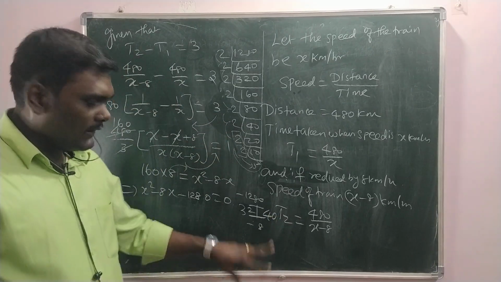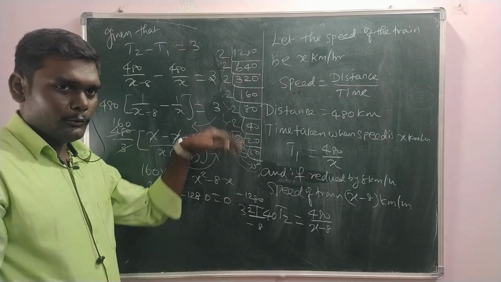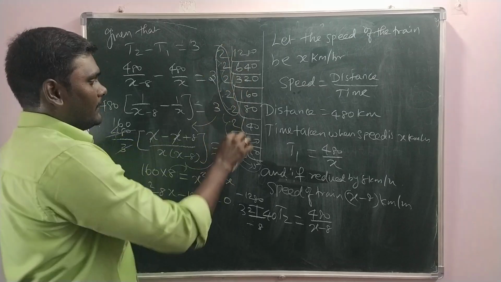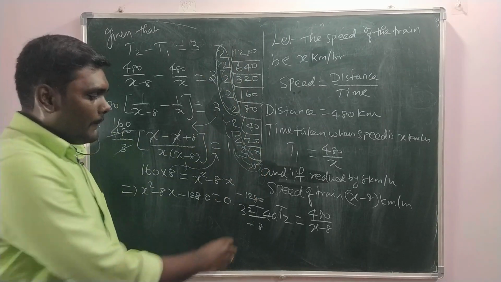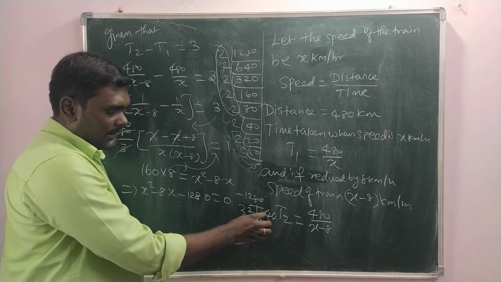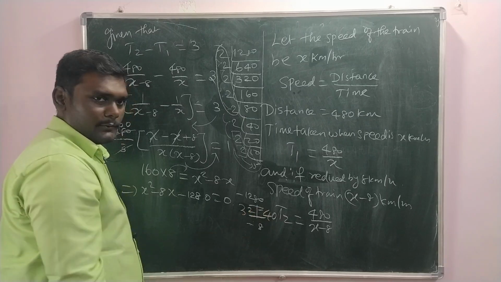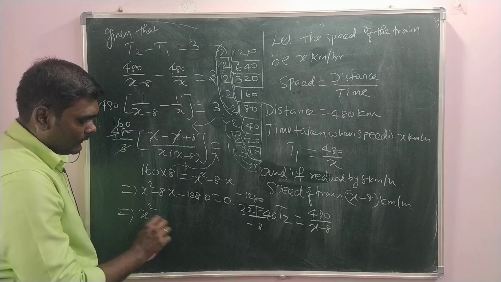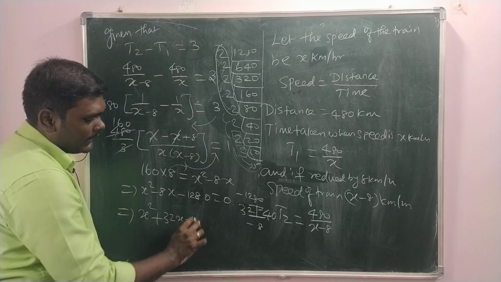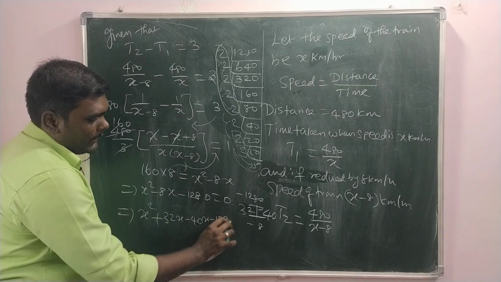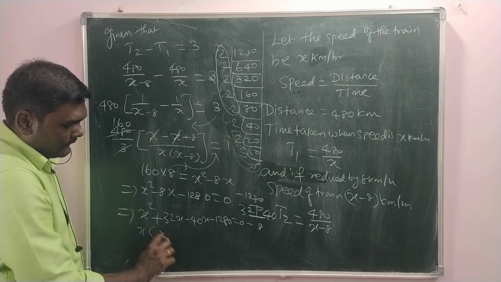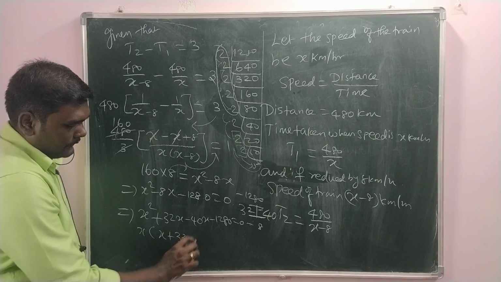Now shall we get minus 8 here? We just regrouped it. Yes, the remaining things we multiply, and likewise minus 8 we should get. Minus 8 means this 40 gets negative. So by splitting the middle term, as I told you earlier, x square plus 32x minus 40x minus 1280 equals 0. Then you take x as common: x plus 32.